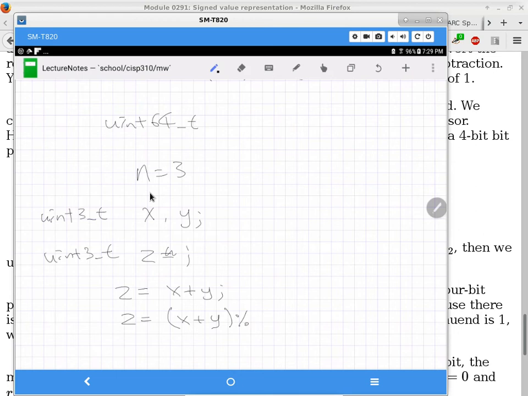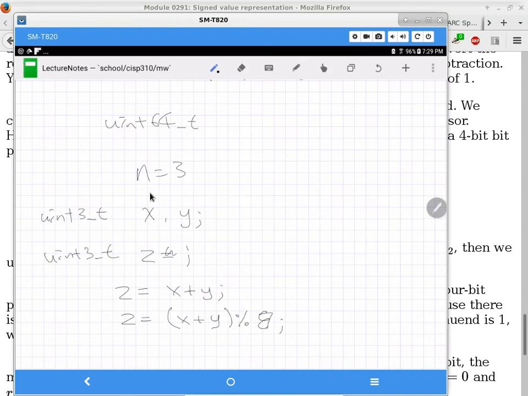What is it going to mod with? What is the largest value that you can represent using 3 bits? 7. Yeah. That is modular arithmetic. In other words, whatever is stored in z cannot exceed, oh, I think I just messed up here. That's 8. Yeah.